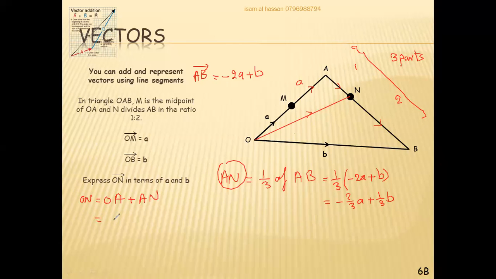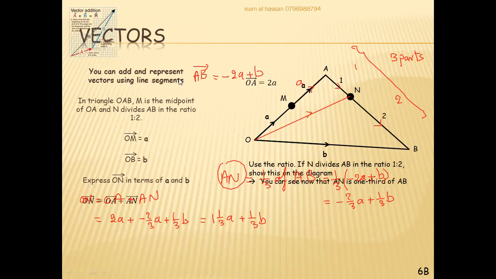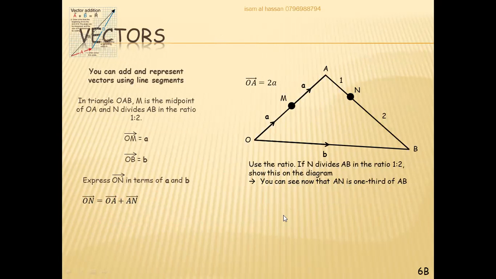So that's OA, that's 2a, plus negative 2 over 3 a plus 1 over 3 b, which is equal to 1 and 1 over 3 a plus 1 over 3 b. So this is the way to calculate in vectors. Yes, we have expressed it. Let me just erase what I wrote so I can continue with the question and the other slides.